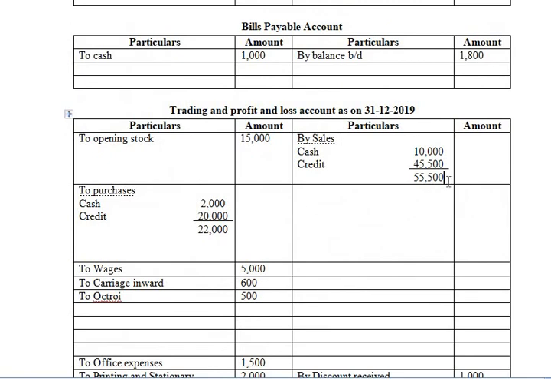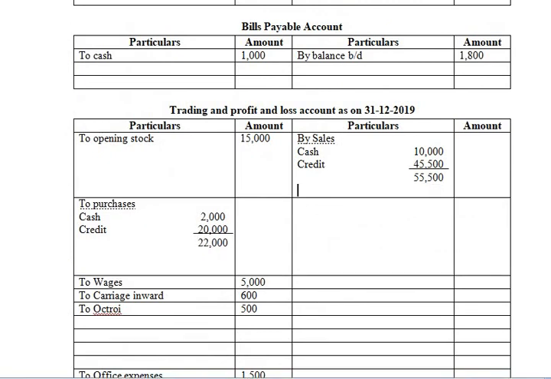So here you will write this particular amount as less. Returns inward: you have sold and then you're getting it back, that is how it is inward. So less returns, and the amount is 600 rupees.